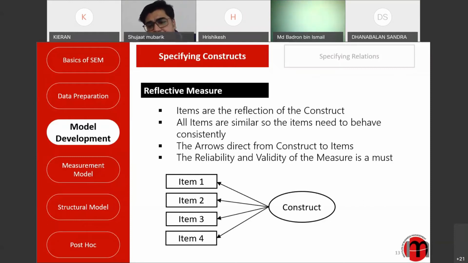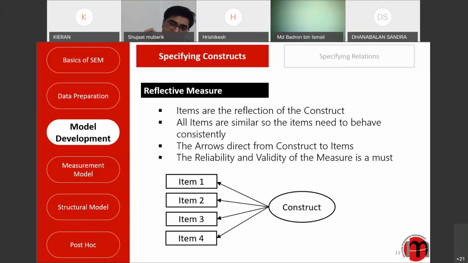When we model formative and reflective constructs, the arrow's direction in fact informs us whether it's a reflective or a formative construct. In the present construct, you can see that the arrows are toward the items. So this is a reflective construct. This shows that the construct is the dominating force and the decision would be on the basis of the factor loading.